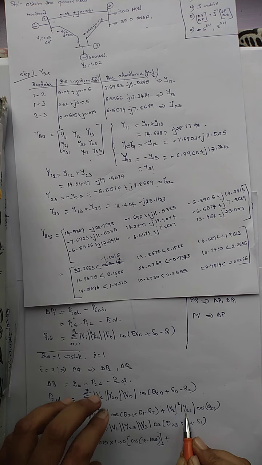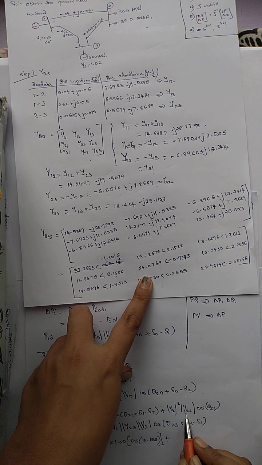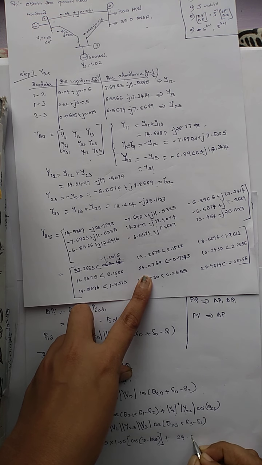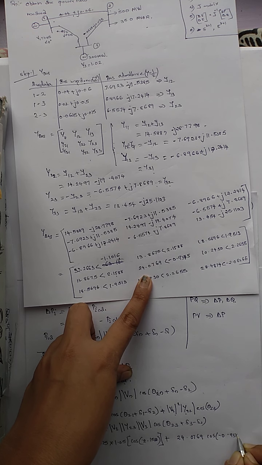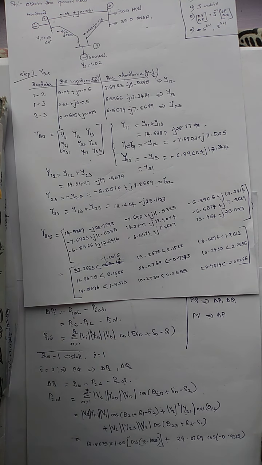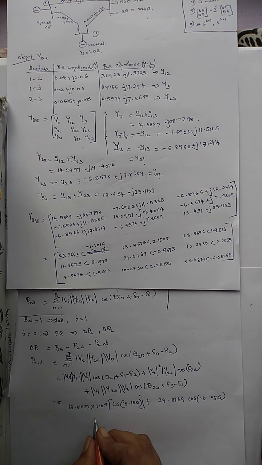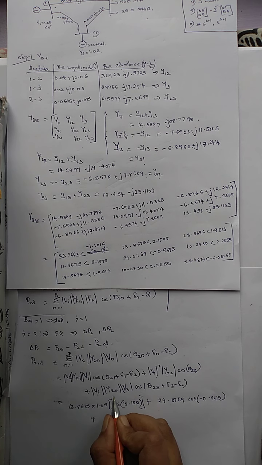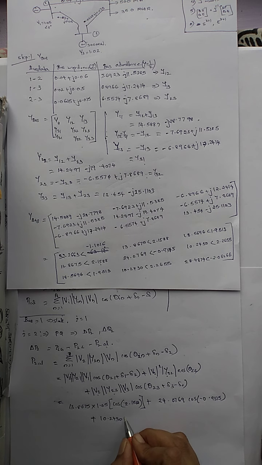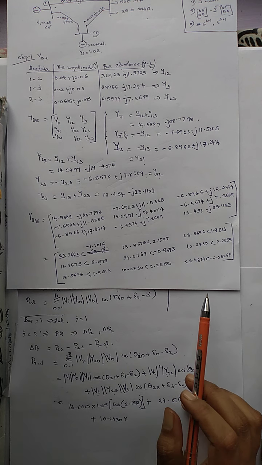Y22 value is, here it is Y22, so 24.0769 cos of minus 0.9375 plus V2 value is 1, Y23 value is 10.2430, Y23 into V3, right?